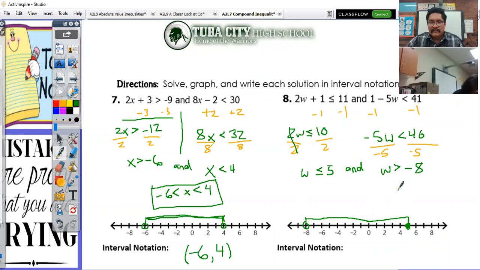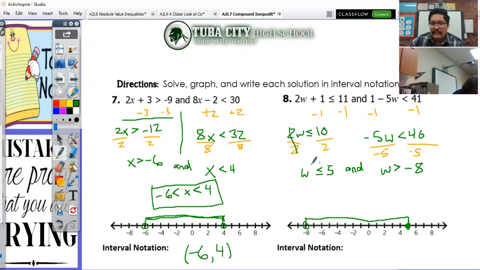Okay? Like I was just saying, with like you need an ID and a social security card or something like that. You need both of those things in order to meet the requirements.